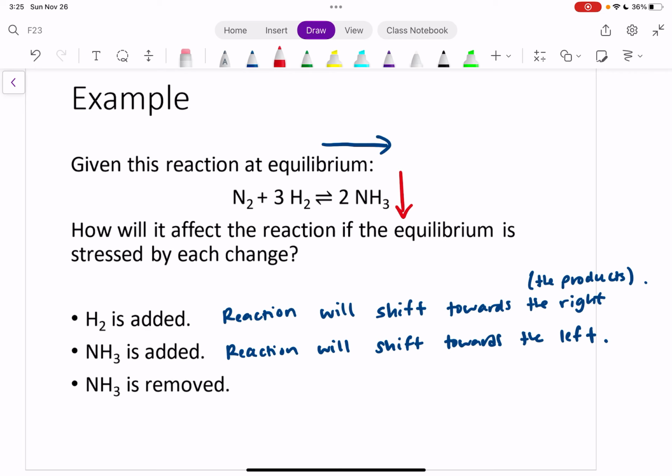If you decrease the concentration of something, the system is going to respond in such a way that you counteract that change, and we're going to try to produce more of our products. So the reaction will shift towards the right.